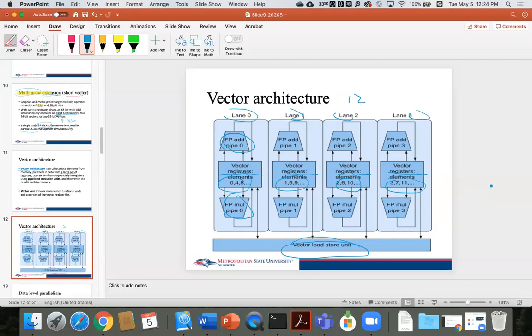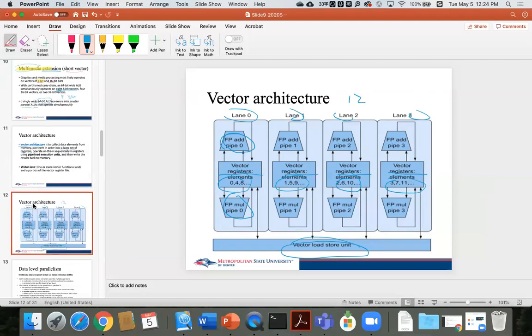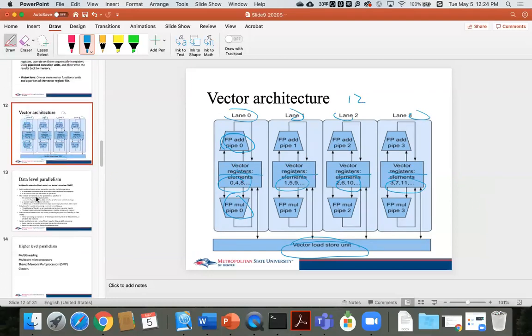When you are communicating with the memory, you want to move a big piece of data together, because you are usually dealing with a big piece of data instead of a small piece. This is especially helpful if you're processing multimedia data, such as images and videos, because all of them need to be processed the same way. So this is called vector architecture.